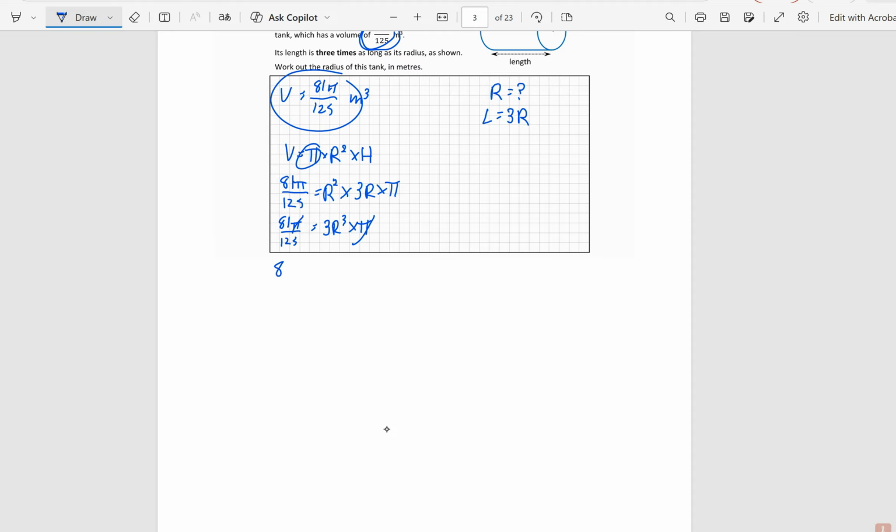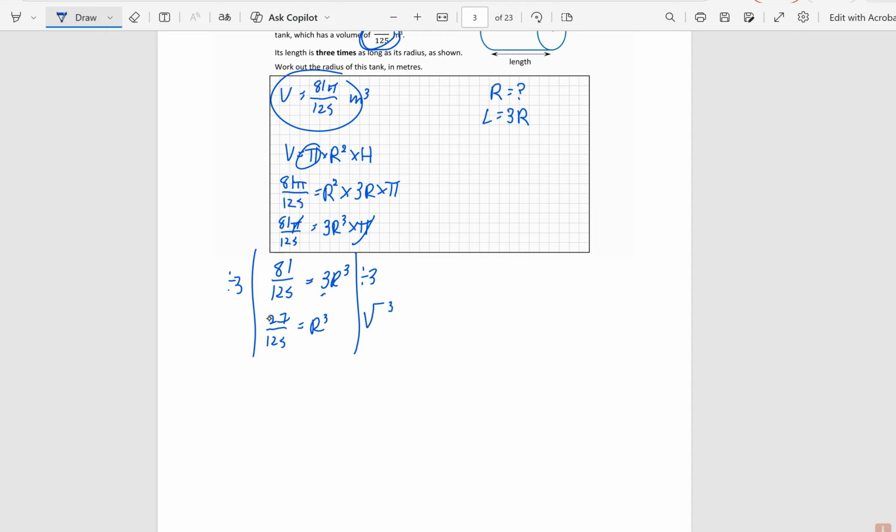We're left with 81 over 125 equals 3r cubed. We need to get rid of this 3, so we divide by 3, divide by 3. I'll just keep it as a fraction. This side divided by 3 is 27 over 125, and this side divided by 3 is r cubed.